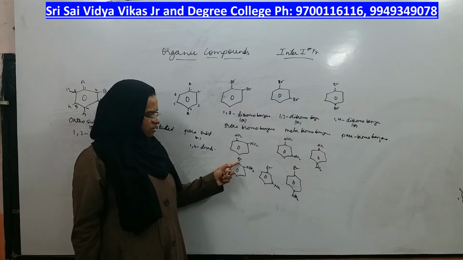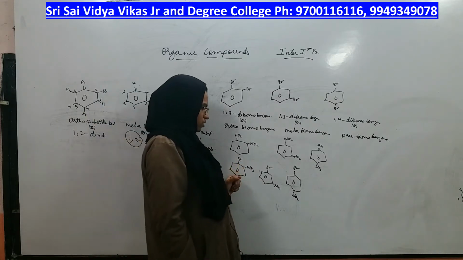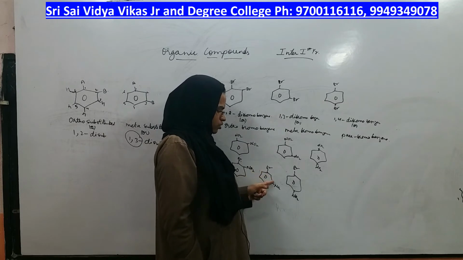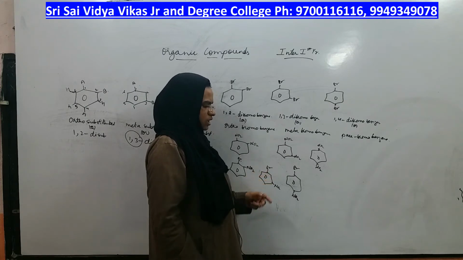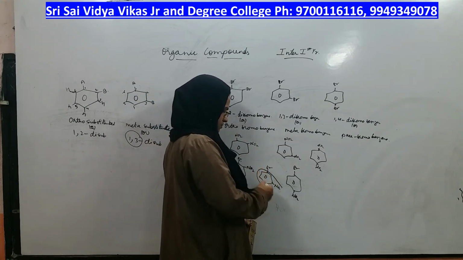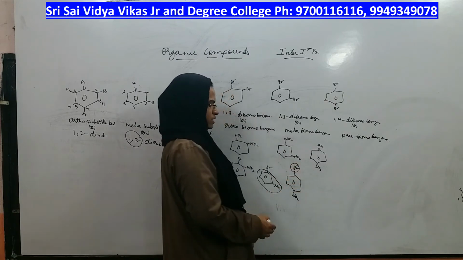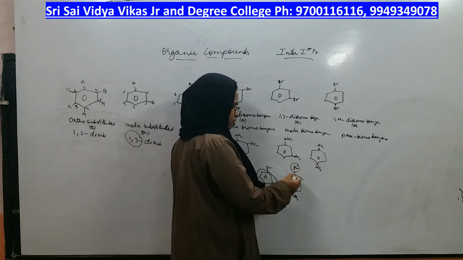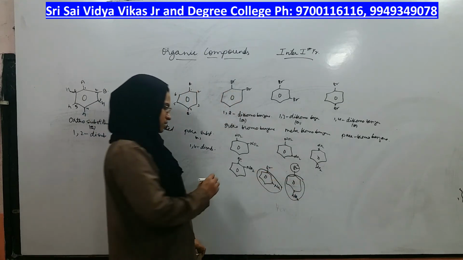Okay? Or meta bromo nitrobenzene. Sorry, ortho bromo nitrobenzene. Same way, 1-bromo-3-nitrobenzene, or you can call it as meta bromo nitrobenzene. Same way, 1-bromo-4-nitrobenzene or para bromo nitrobenzene.